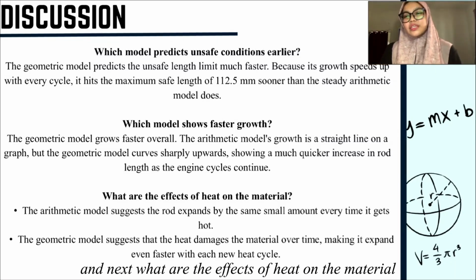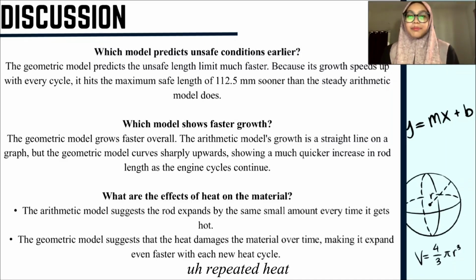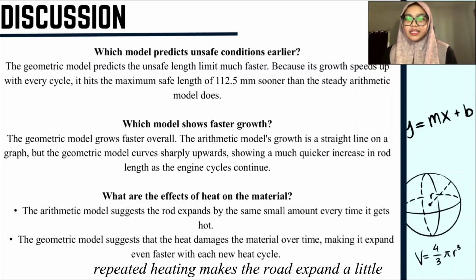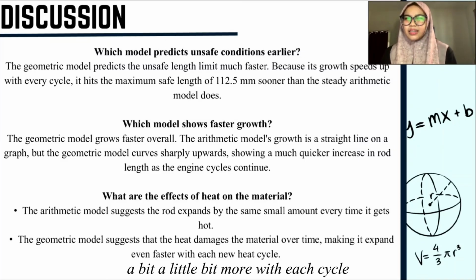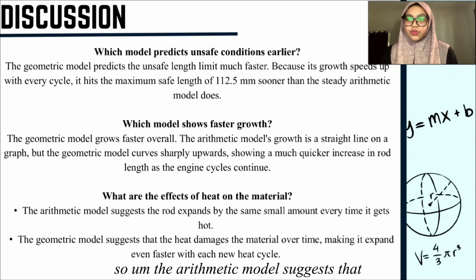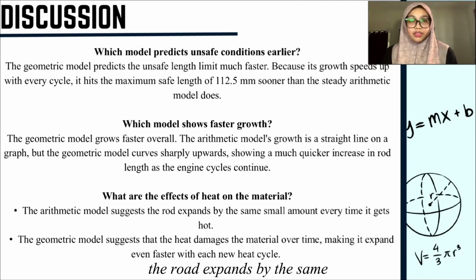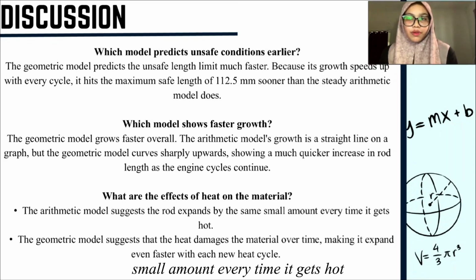And next, what are the effects of heat on the material? Repeated heating makes the rod expand a little bit more with each cycle. The arithmetic model suggests that the rod expands by the same small amount every time it gets hot.